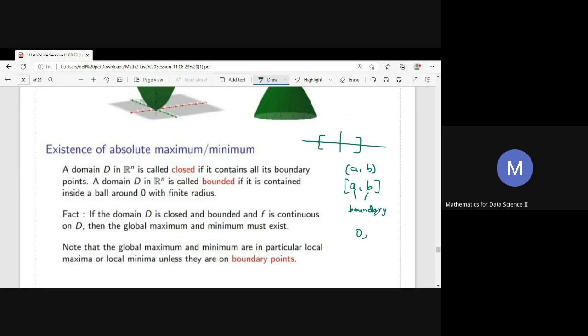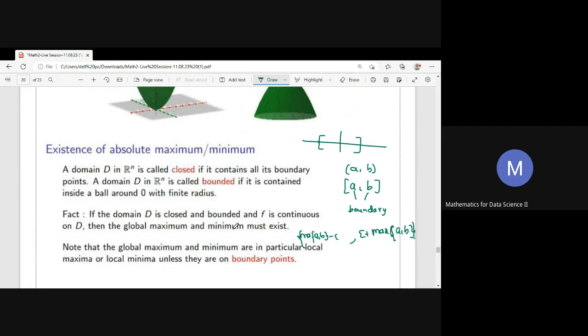You take the interval from minus the maximum of mod a and mod b, minus epsilon, to the maximum of mod a and mod b, plus epsilon.